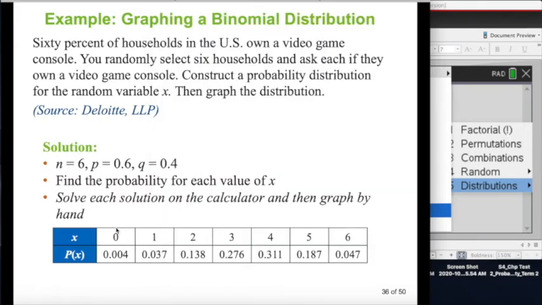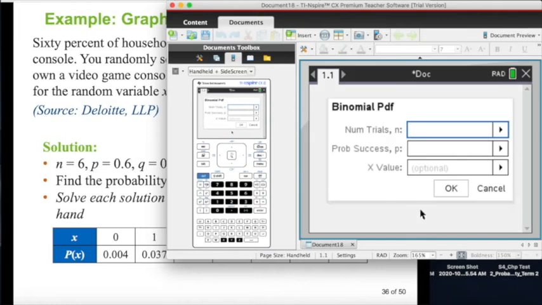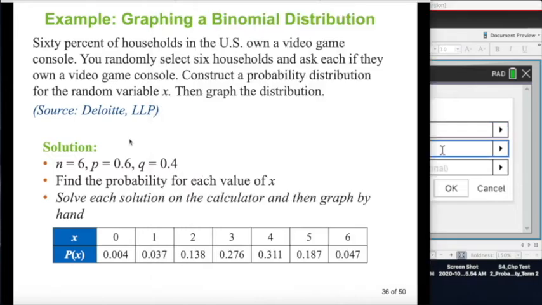So we click binomial PDF, this one here. Number of trials is 6, because you're asking 6 households. Probability of success is 0.6, or 60%.